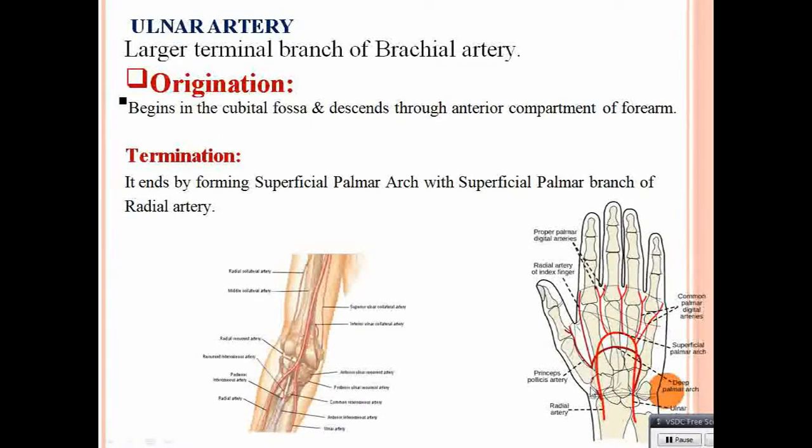Before it goes to the posterior aspect, it gives a branch. This is called the superficial palmar branch of the radial artery. This will reach the anterior aspect of the hand. Now at the same time, the ulnar artery, the main ulnar artery that continues in the hand, and both of them unite and they form superficial palmar arch.